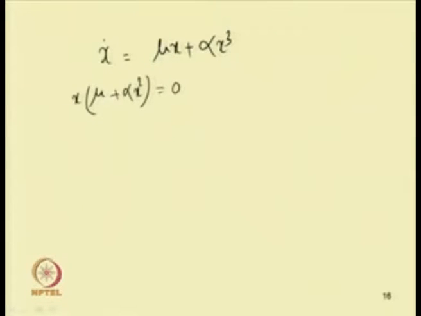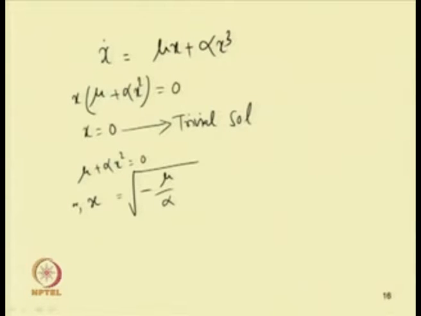So, it has two solutions. One solution is x equal to 0, which is the trivial solution, and the other one is mu plus alpha x square equal to 0, or x becomes plus minus root over minus mu by alpha. By taking different values of alpha and mu, one can have the response in the x-mu plot or x-alpha plot. Let us take alpha equal to minus 1.